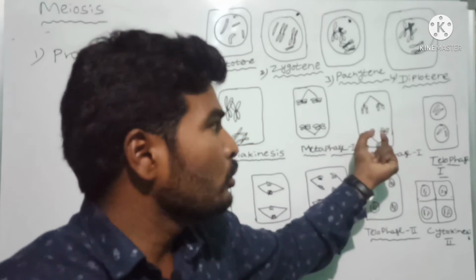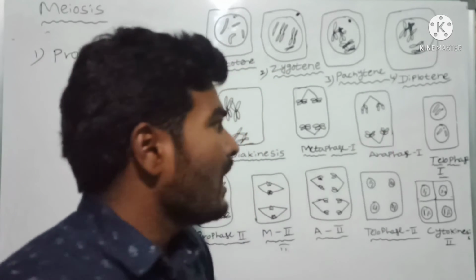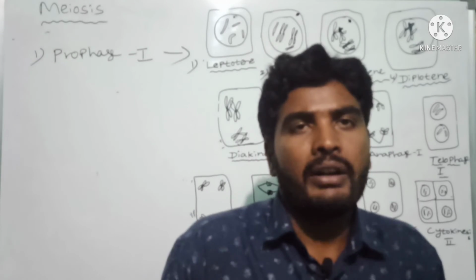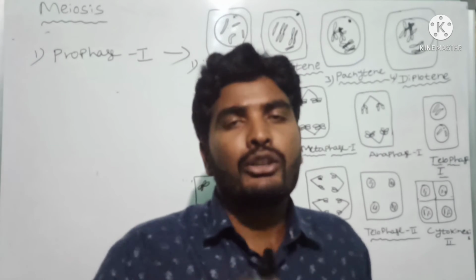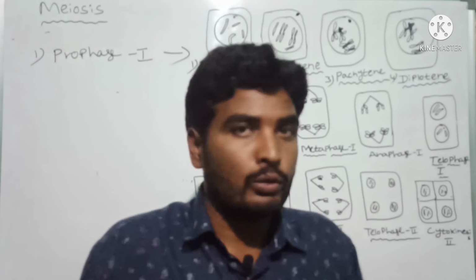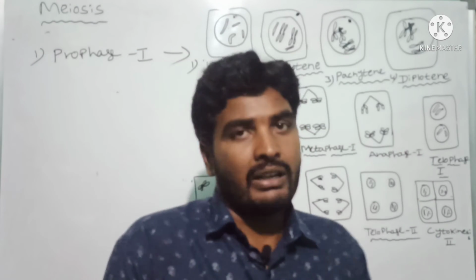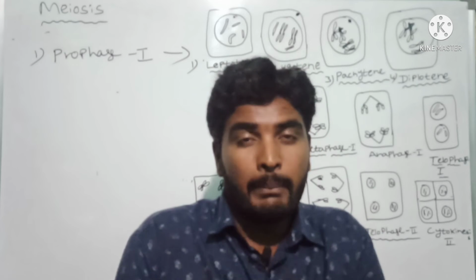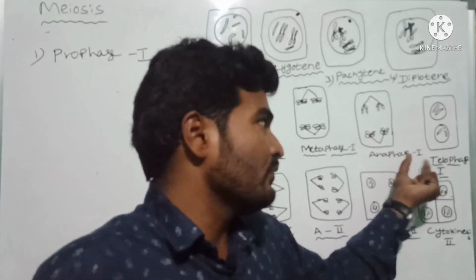Here in anaphase 1, another most important point: the diploid number of chromosomes reduces to the haploid number. This is very important in anaphase 1.